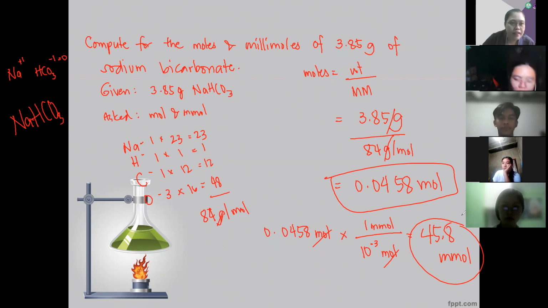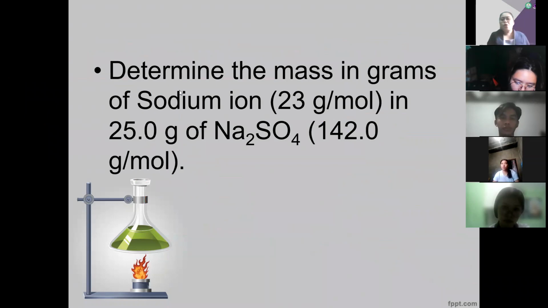Again, 0.0458 and then 45.8. Okay? So I think most of you got the correct answer. Any question about this, computing for the moles and the millimoles? Nagkaintindihan tayo dito, no? So pwede na tayo mag-proceed. Anyway, you can just ask question anytime.